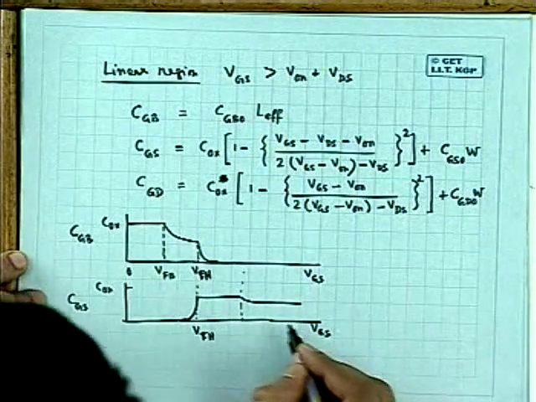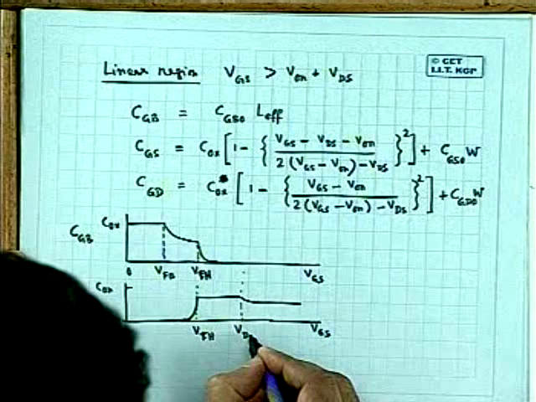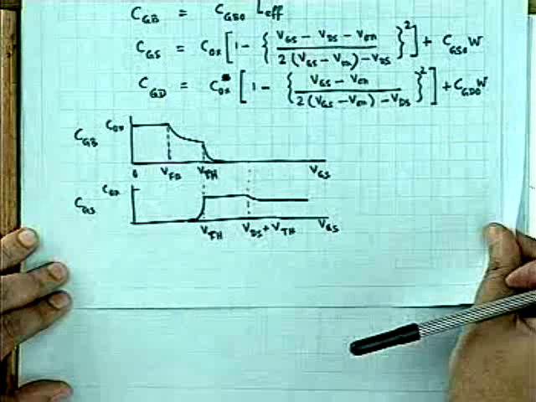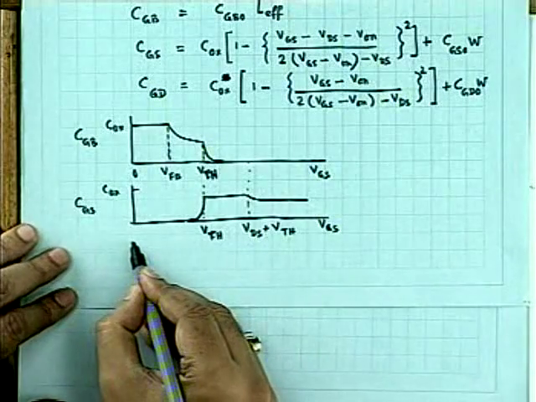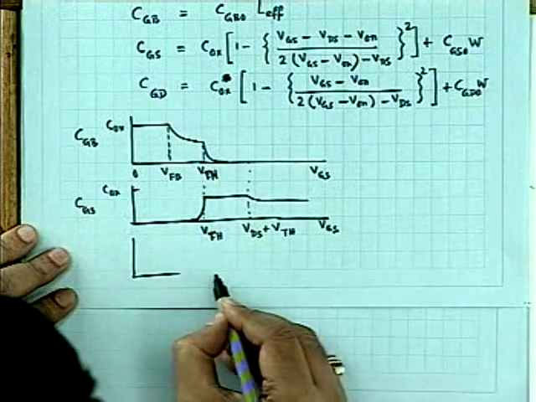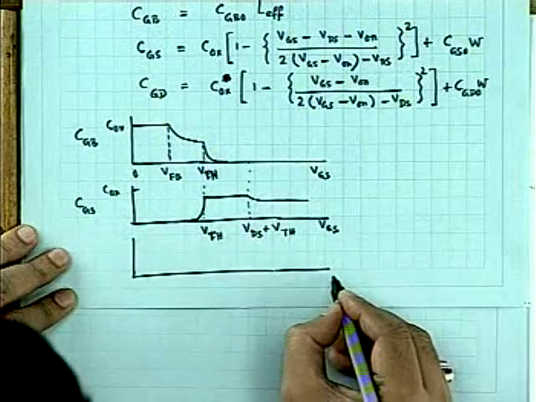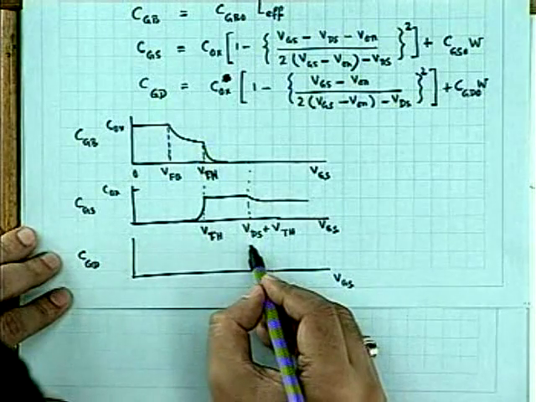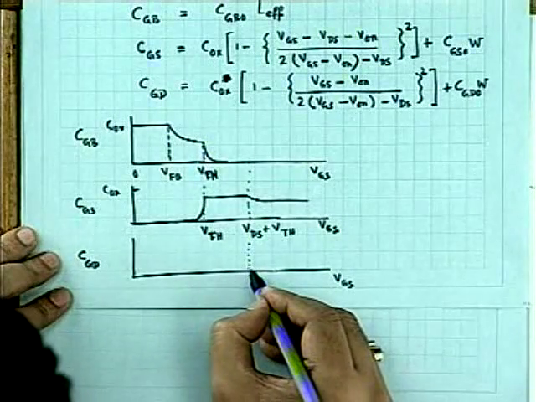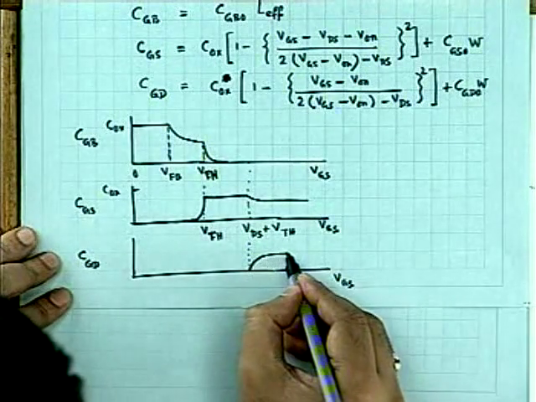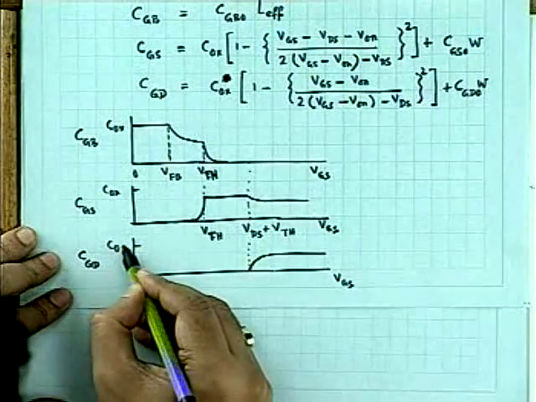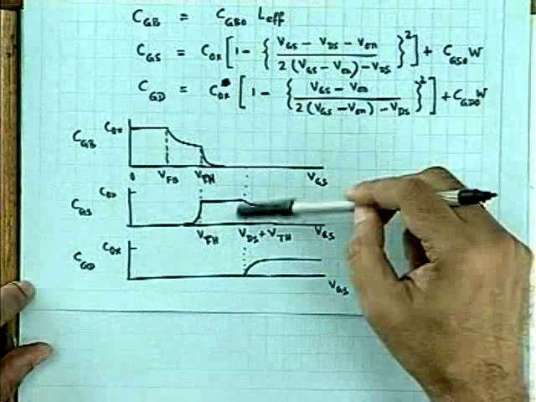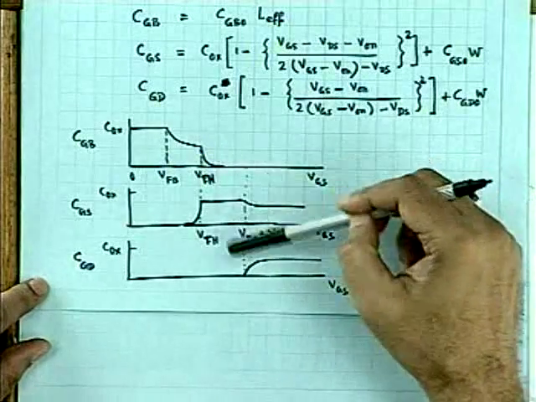This is BTH or beyond, whatever you call it, it does not differ much. Whatever expressions we have written so far can finally be crystallized in the form of these three graphs.